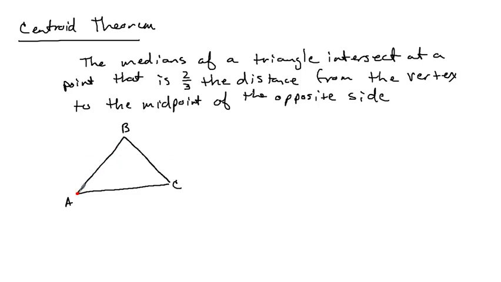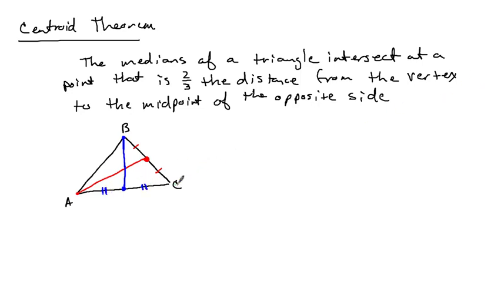So we're going to go from vertex to midpoint, where we think it is. Try to get as close as we can. All right, so those two are congruent. Then we're going to go from vertex to midpoint as best we can. And these two are congruent.